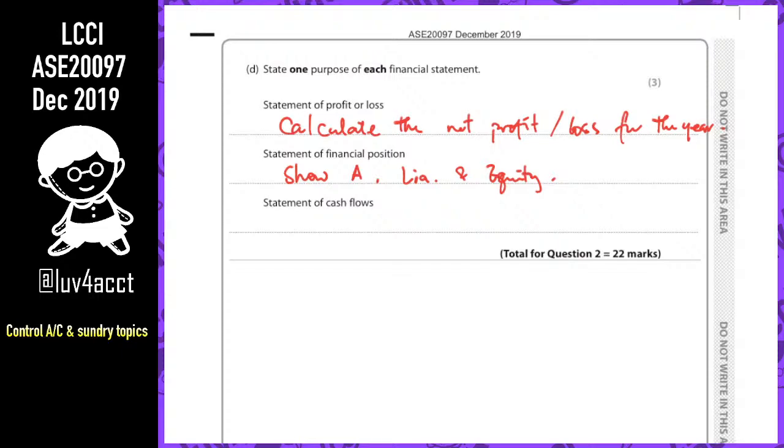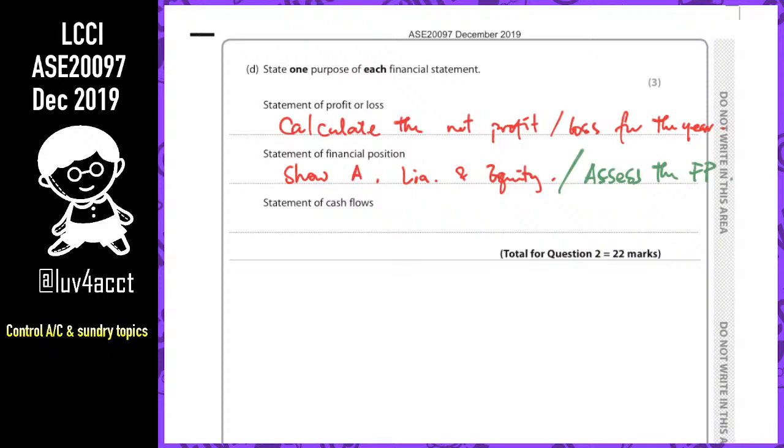That's why it is called the statement of financial position. Is the position good or bad in the financial sense? So in the answer key, it actually writes to assess the financial position of the business. But then for me, if you are just giving this, assess the financial position, so what is the financial position?